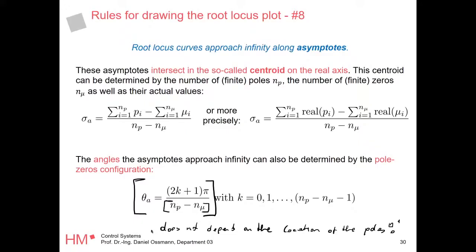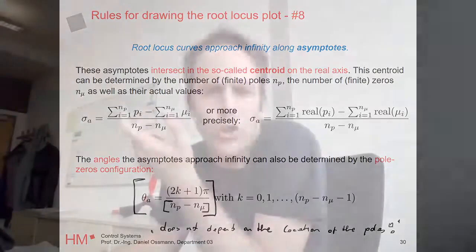So if you have 2 poles and no zeros, it's going to be 2 here. And you will see these asymptotes are actually pretty easy, because you don't have so many options, right? Because they are independent of the location of the poles. They only depend on the number of the poles and zeros. They're always going to look the same.